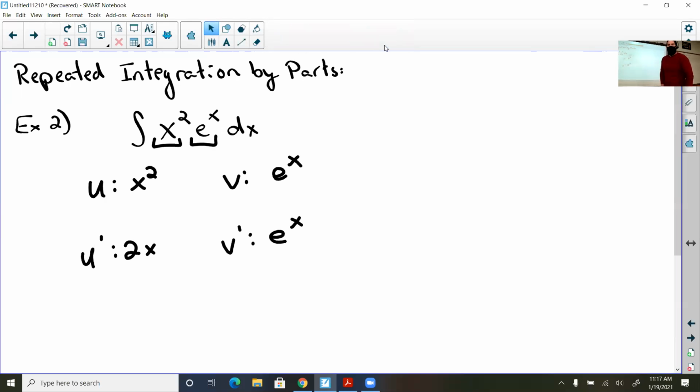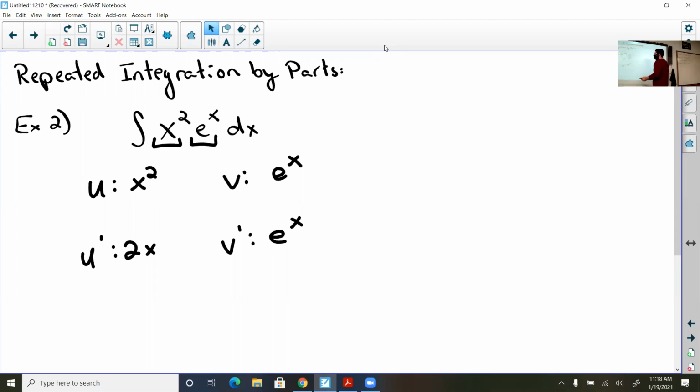All right, so with this one, the u and the v is not too bad. So the u, if it were to be x squared, the derivative of x squared is going to be 2x. And then with the v prime, if I made it e to the x, the antiderivative of e to the x is just e to the x. So now I have my u's, my v's, my u primes, and my v primes.